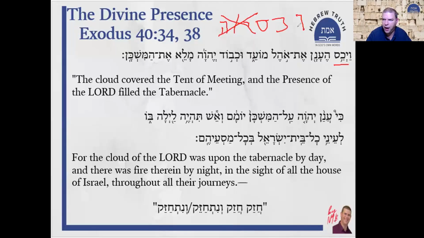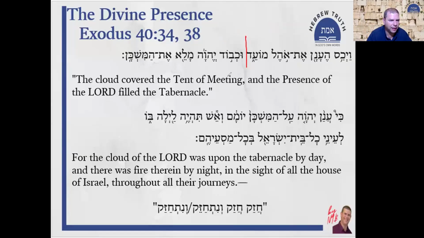We see the Va of the Vayekhas with a patach, and then the Yod. The Yod is of the prefix conjugation, like the Yiktol, and the Va is of the vav conversive or vav at the beginning. Okay, so we dealt away with the first sentence here.